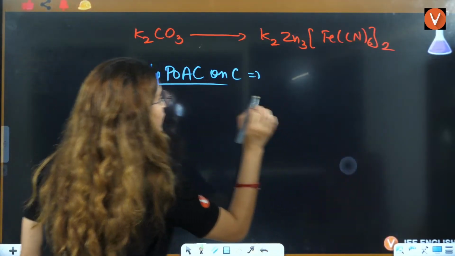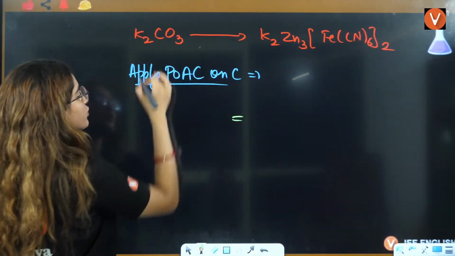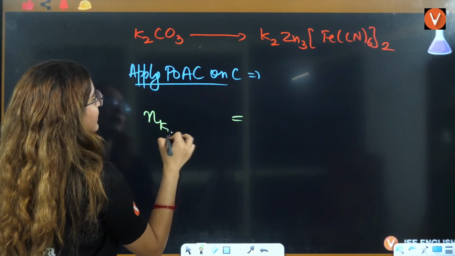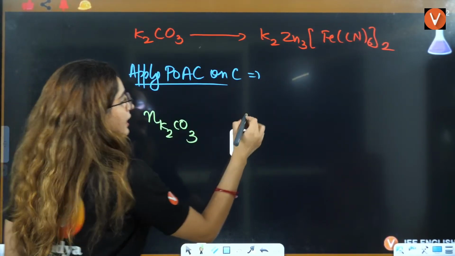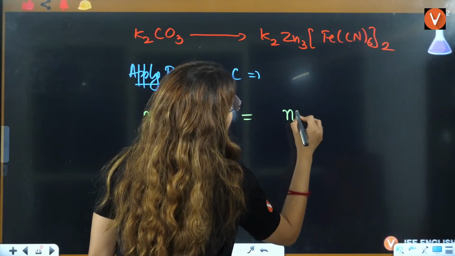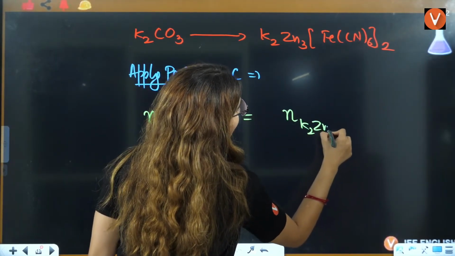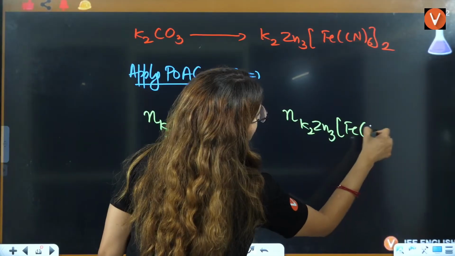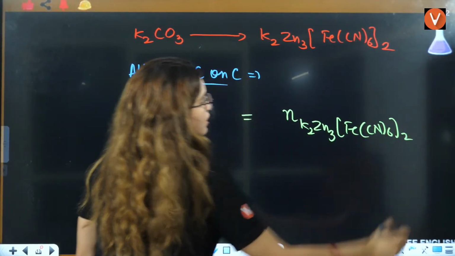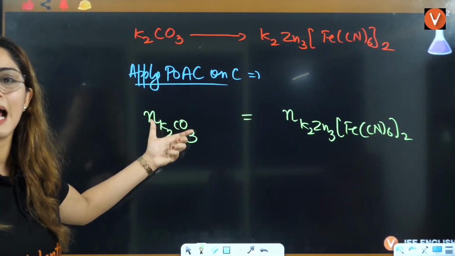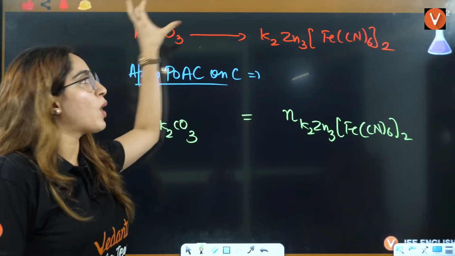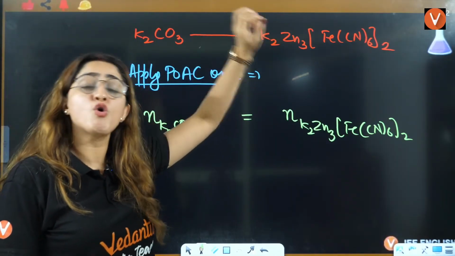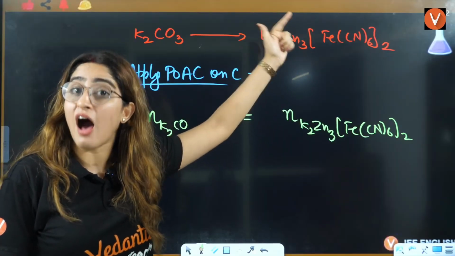So when you apply POAC on carbon, the number of moles on the reactant side is equal to the number of moles of K2Zn3[Fe(CN)6]2 times the carbons. The amount of carbon here is fully converted to this particular thing. There is no byproduct which has carbon in it.